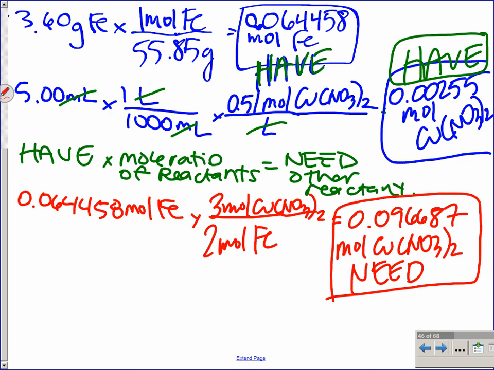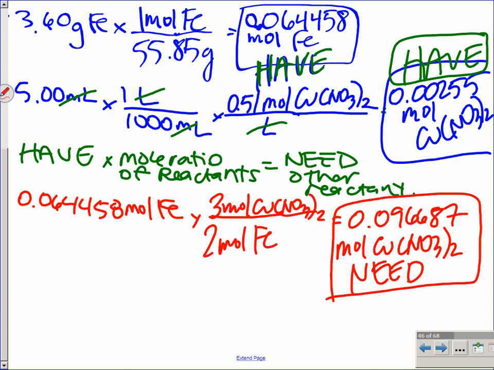So this is where your have and need comparison comes in. So guys, if I have this much copper 2 nitrate, 0.00255, but according to the iron I have, I actually need this much copper 2 nitrate, what's going to happen? You're going to run out.